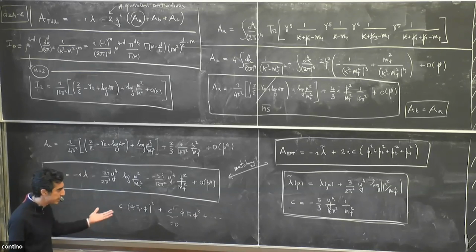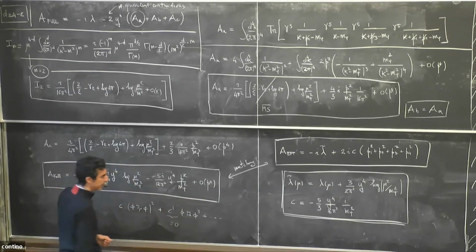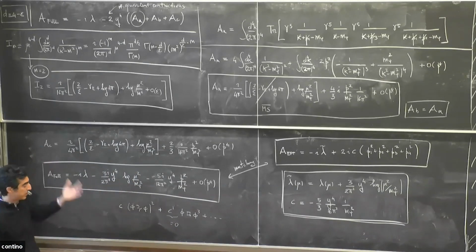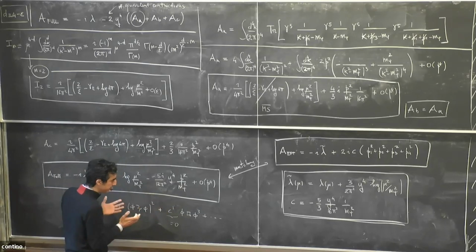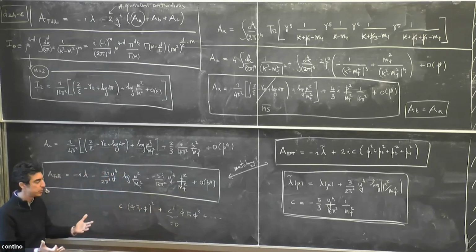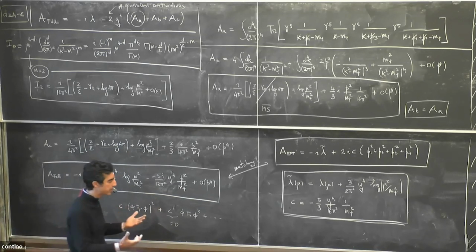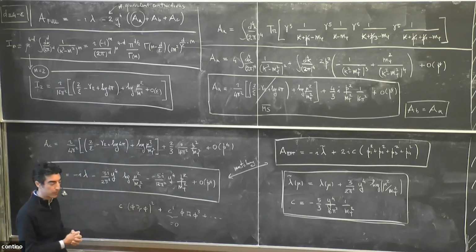Because you're matching Green functions and you're not matching observables. So in a sense, it might seem a paradox, but actually the point is the following: observables allow you to fix only a subset, a smaller number of linear combinations of coefficients, smaller than the total number of coefficients.